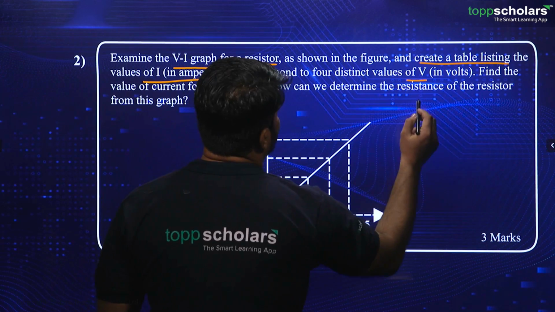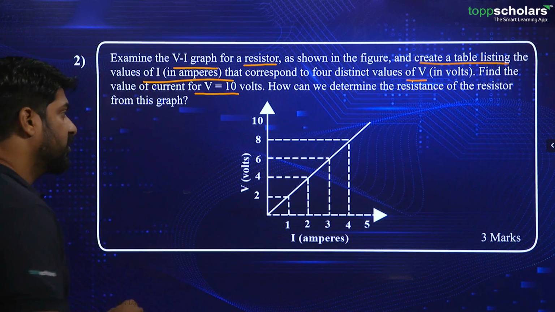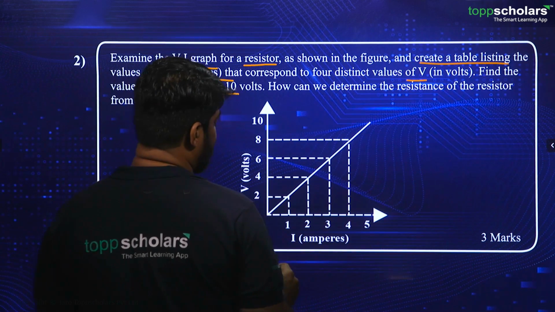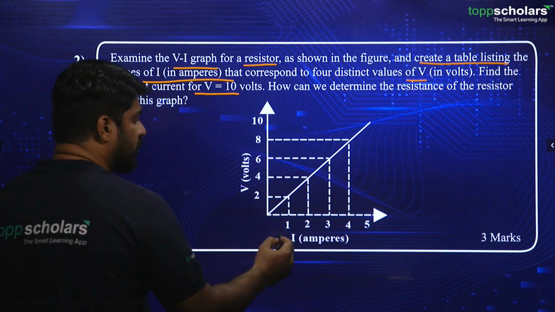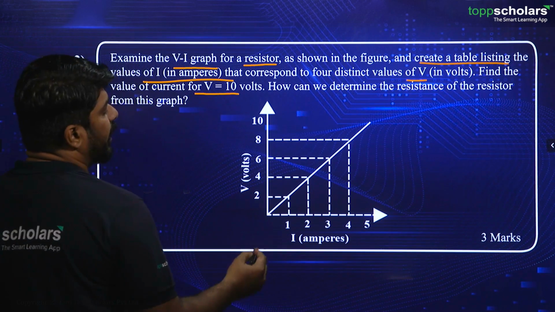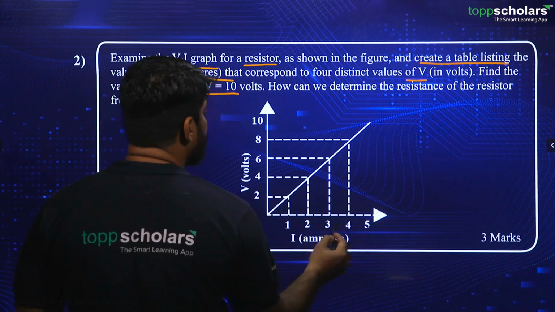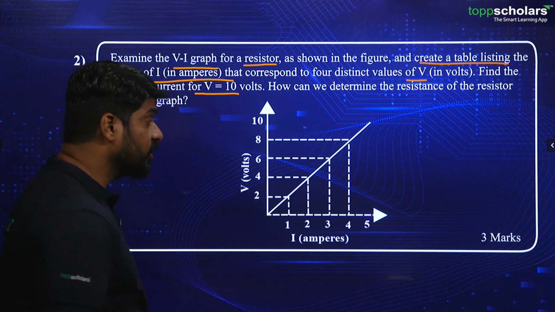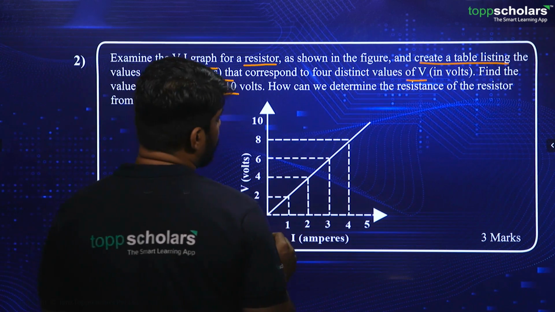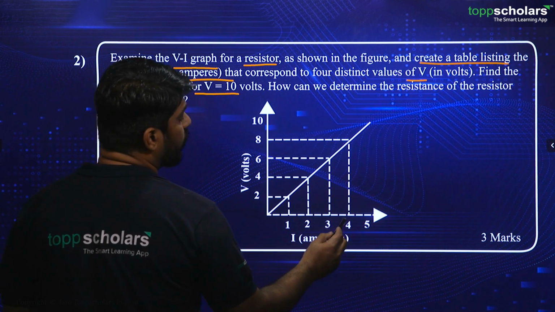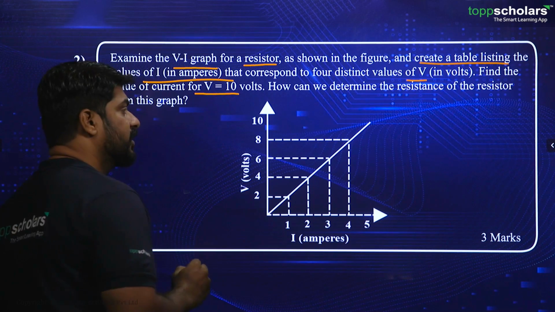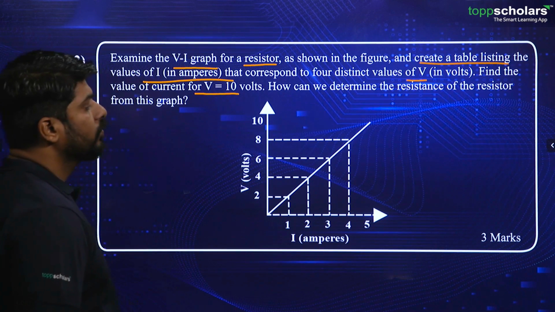How can we determine the resistance of the resistor from this graph? So here is the graph. As we can see, this is V, this is I, that is current, and we can see some values of current and corresponding values of voltage are given here. Here is 1, 2, 3, 4, and this is 5, then 2, 4, 6, 8, isn't it? And this is 10.